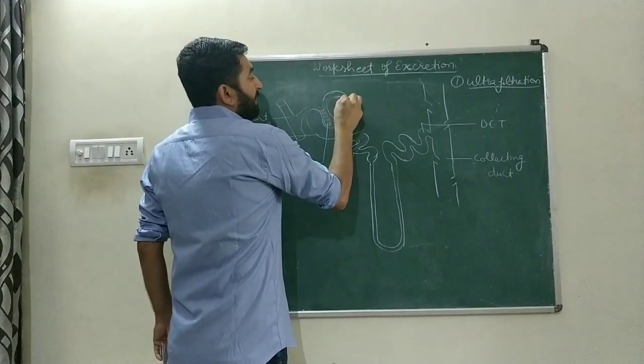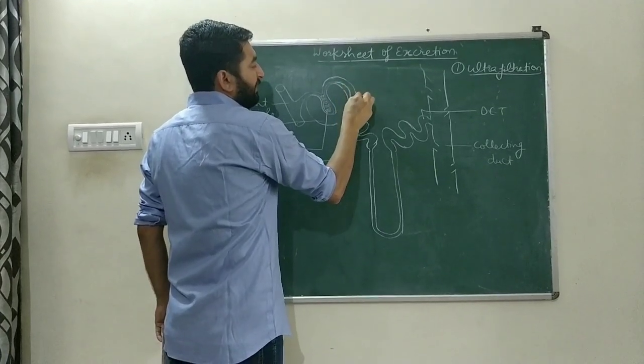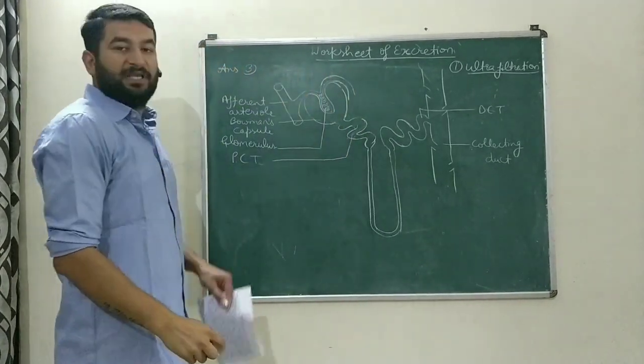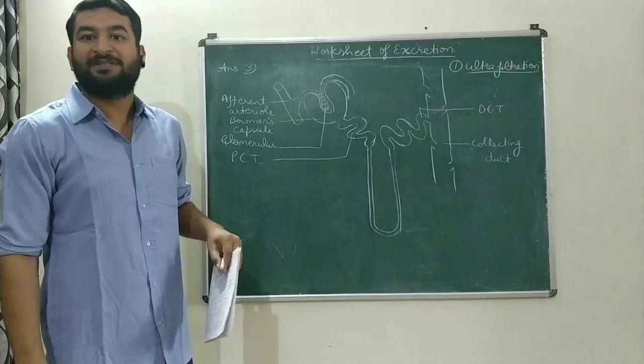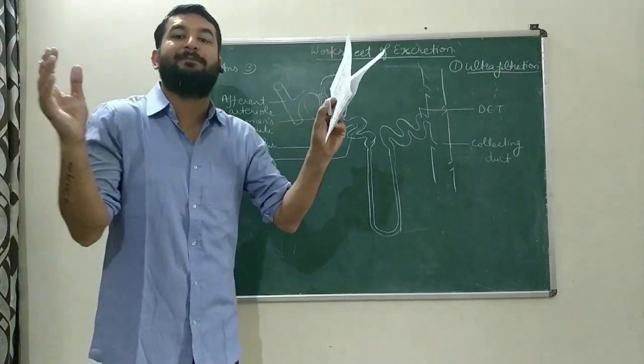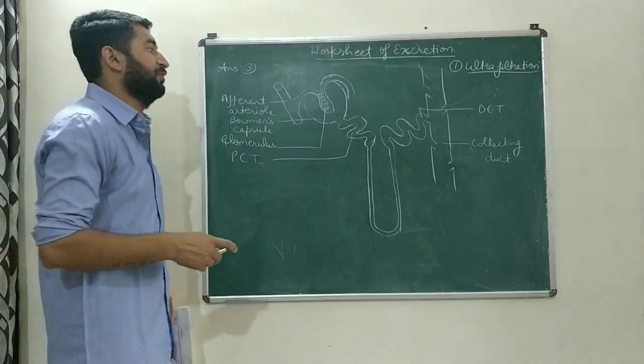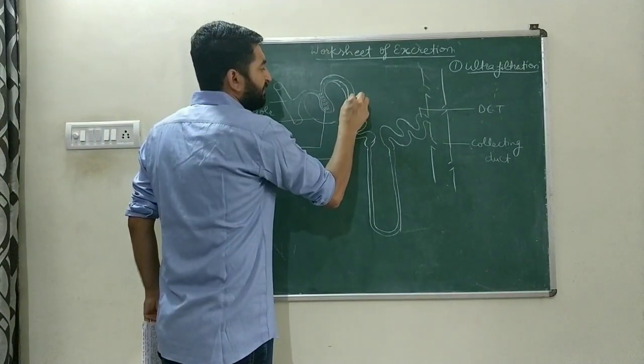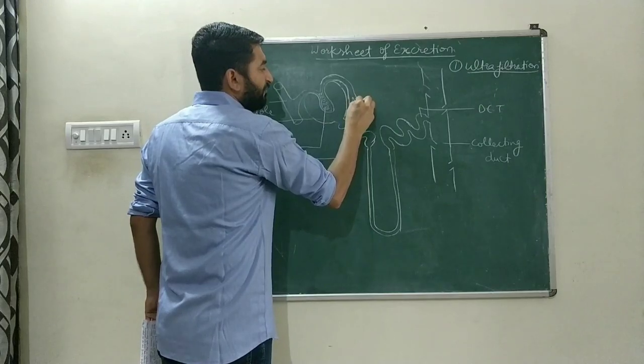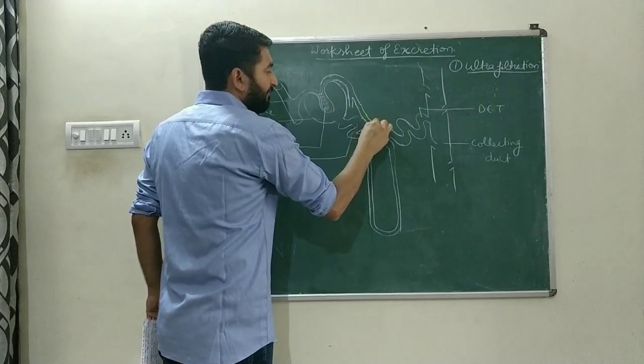Now, this is efferent arteriole. Afferent comes, divides into glomerulus, and the capillaries of glomerulus combine together to form efferent arteriole. This efferent arteriole further divides into a network of capillaries around nephron.